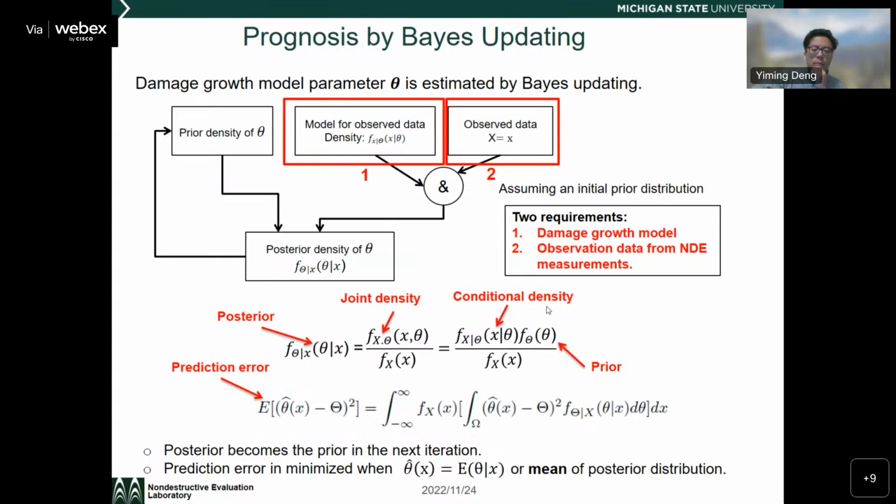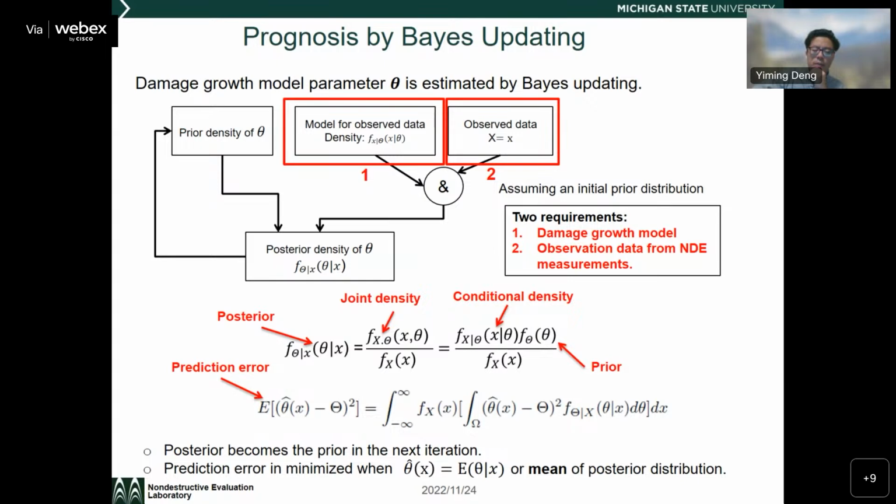The prediction error, in this case, since we are predicting the future theta, right, the damage model parameters when we're having new data coming in.